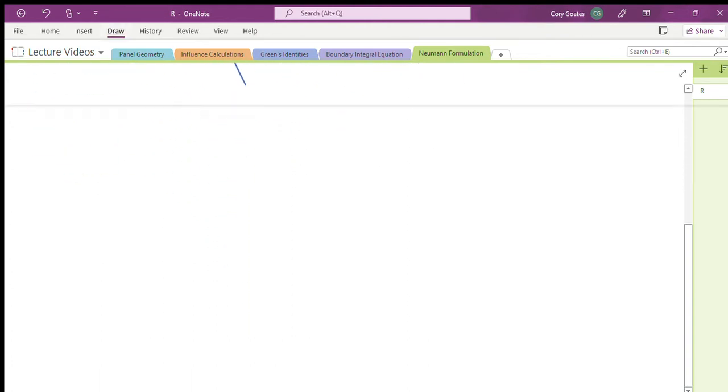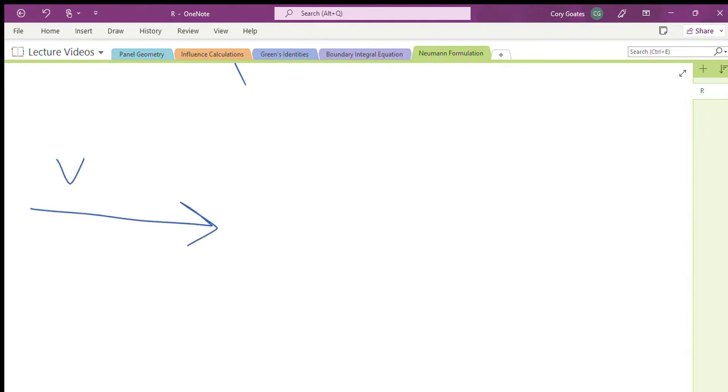So in a panel method, essentially all I'm doing is I'm superimposing a free stream velocity, v infinity, and some collection of panels.